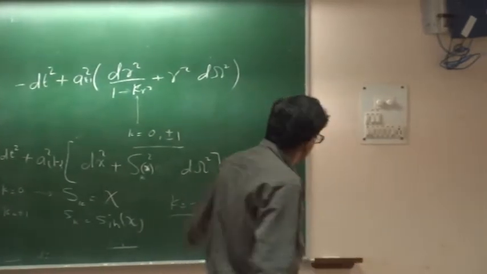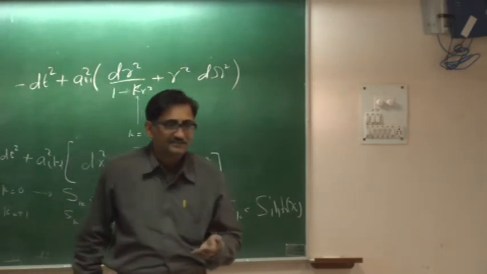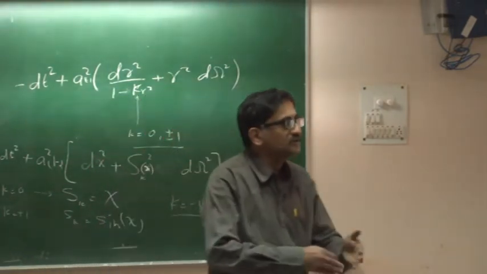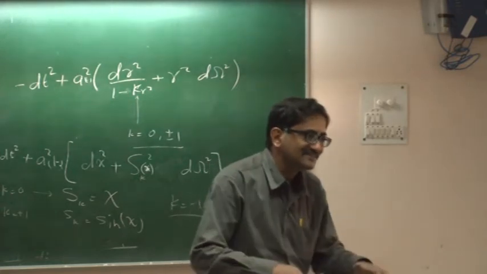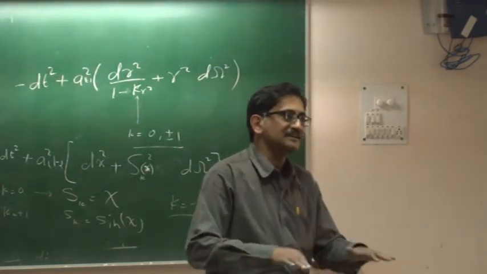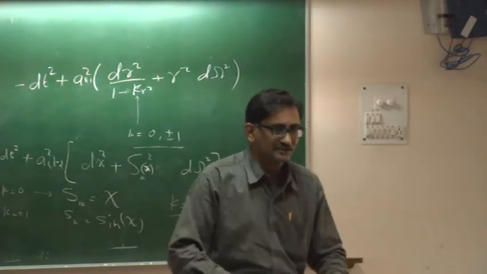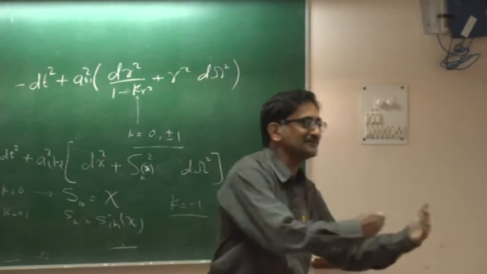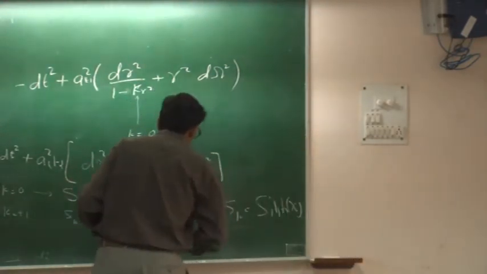Now the question is, just like the previous case of rubber sheet and sphere, you may ask, what is the analogy of this? You do not have an analogy in 1 plus 2 dimension for a surface which has constant negative curvature. For positive curvature, you have a sphere. For zero curvature, you have a rubber sheet. But for negative curvature, you do not have such an analogy. So these are negative curvature surfaces.